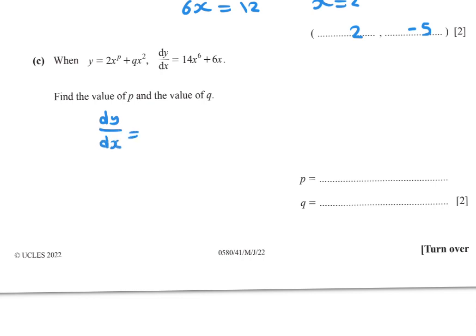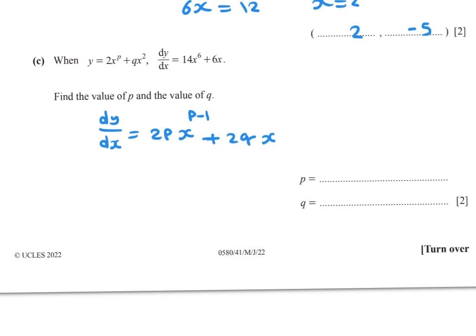From that one, you multiply b times 2, so 2b, then x power b minus 1. Plus the derivative of qx power 2: multiply 2 times q, so 2q x power 1, because 2 minus 1. This is the derivative.